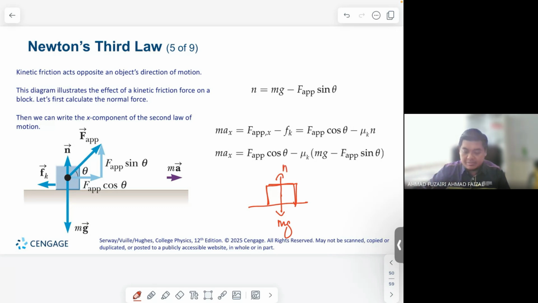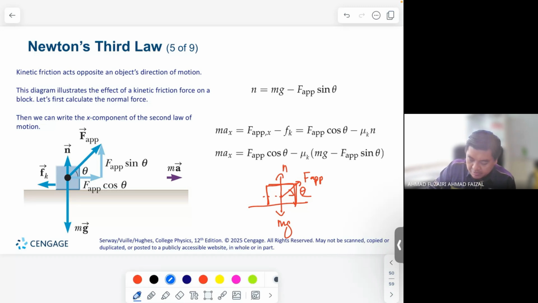At the same time, if there is an external force at some angle theta, you need to describe it in terms of its components: FAPP cos theta, and FAPP sine theta for the vertical component.